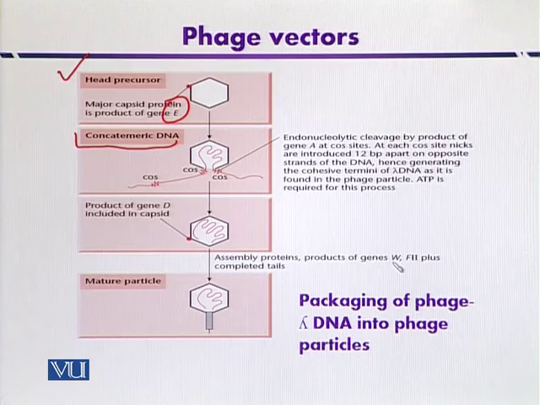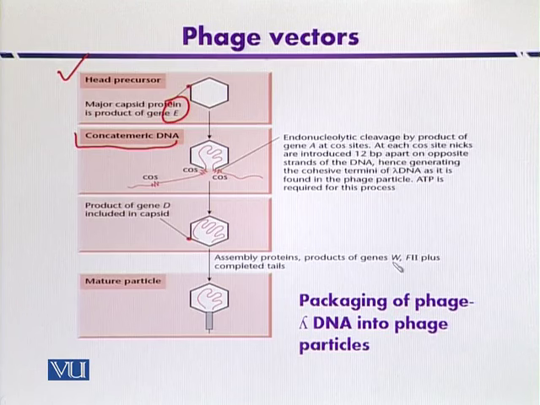As I told you, concatemeric DNA is that type of DNA that contains multiple copies of the same DNA. For example, if the lambda genome is there, a number of copies of lambda genomes are separated by the cos or cohesive sites. Because it contains multiple copies of the same DNA, such DNA is called concatemeric DNA.